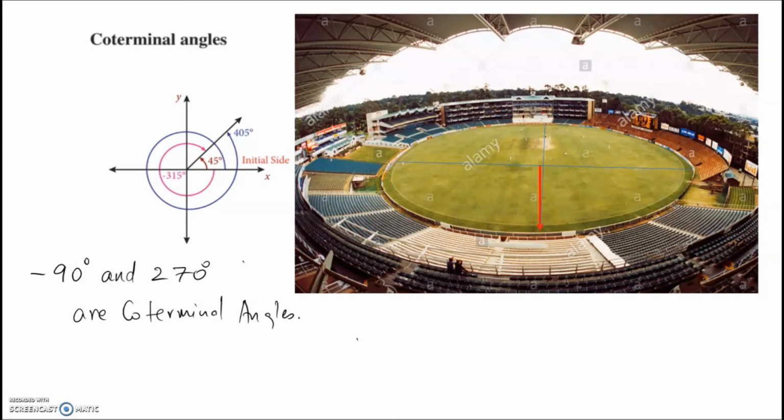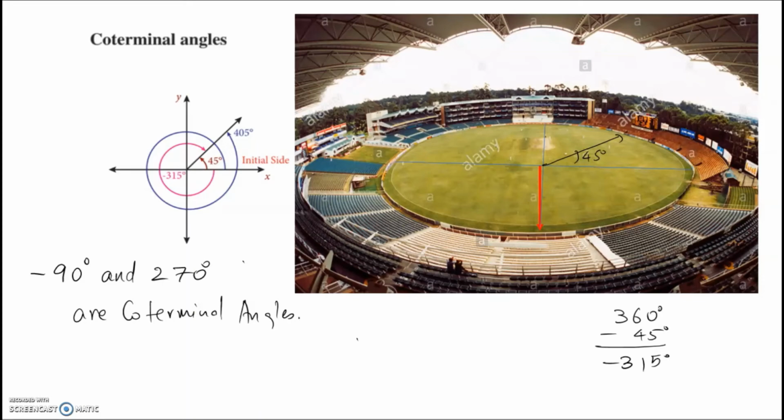Similarly, the example given here is 45 degrees. When you run in the positive side, which is the anti-clockwise direction, it is 45 degrees, and when you do it in the other direction, it will be the negative side, so it's 360 minus 45. How much is 360 minus 45? It's 315 degrees. Remember to always put the degrees.